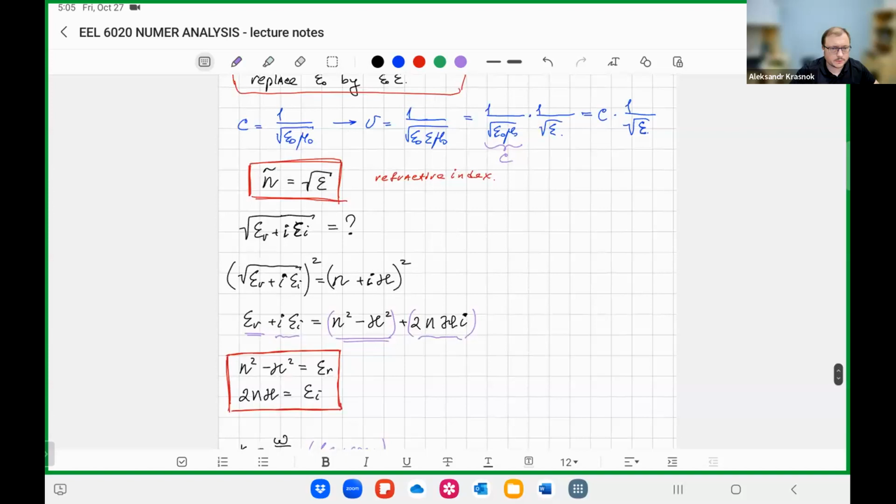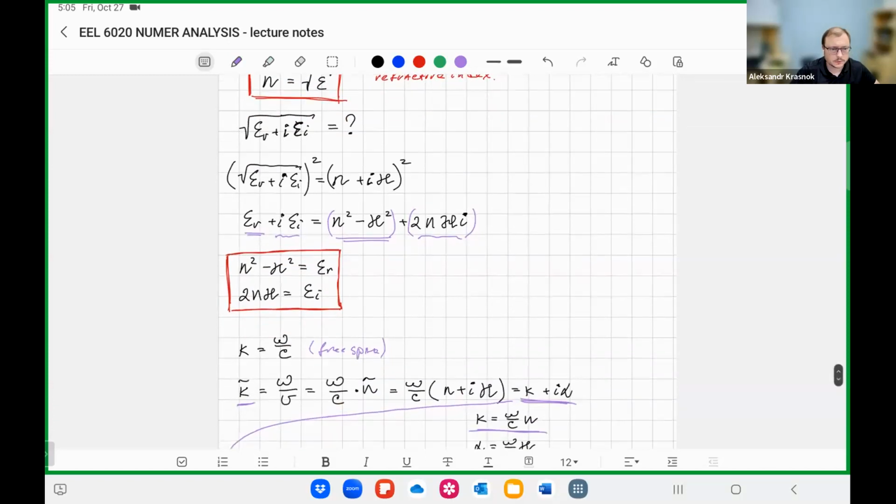Another parameter is the refractive index, which is basically the square root of the permittivity. Permittivity is a complex function of frequency, which is usually the case because any material has some amount of losses. There is a theorem that states that if a material is lossy, then we deal with frequency dispersion.